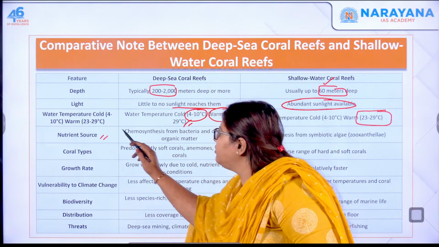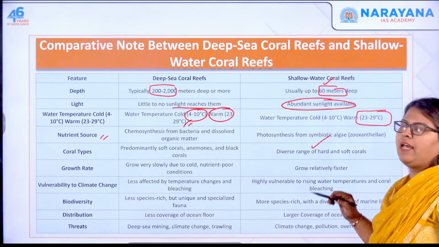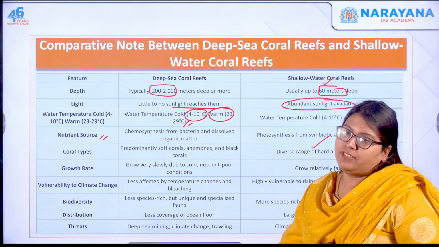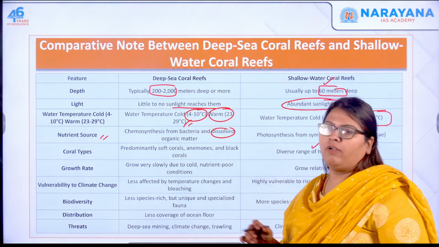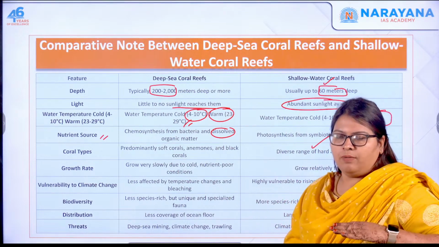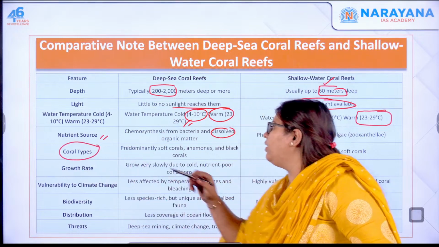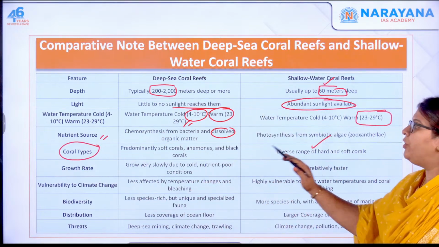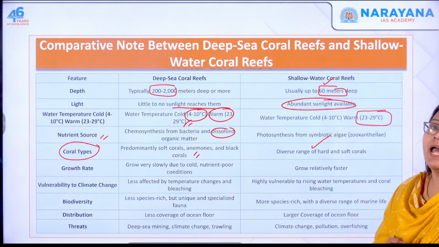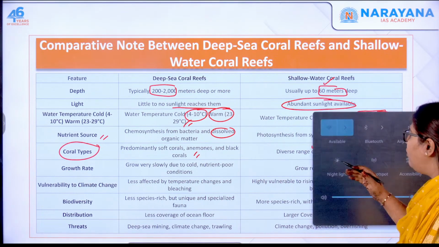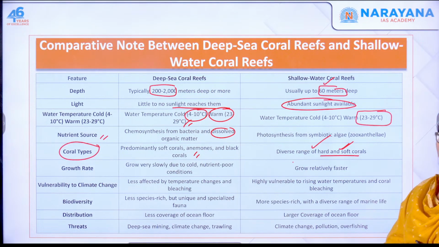Next, the nutrient source. Here we saw photosynthesis that is provided by the zooxanthellae. Here it is chemosynthesis from the bacteria which are present there, and the dissolved organic matter towards the bottom of the ocean. Next one, the type of the coral. These are predominantly soft corals. They are sea anemones and they are black corals as well, whereas the shallow water corals are a diverse range of hard as well as soft corals.